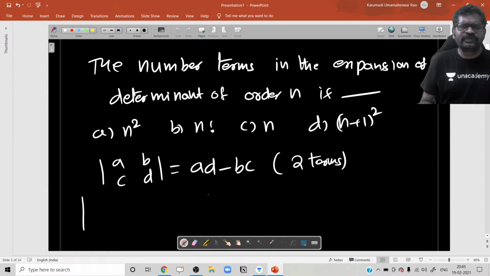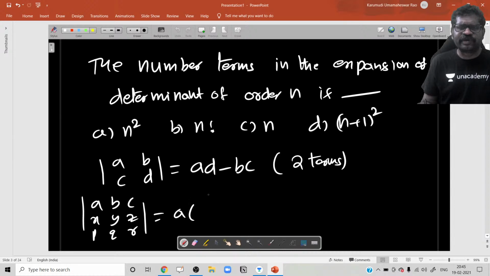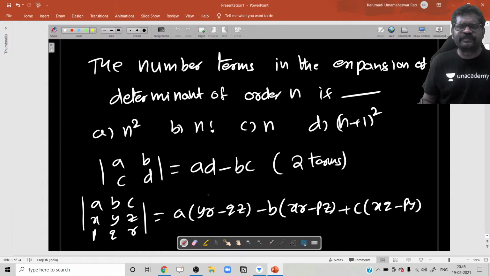Suppose the determinant is abc, xyz, pqr, then the determinant value is given by a of yr minus qz, minus b of xr minus pz, plus c of xq minus py. Here the number of terms is 6.